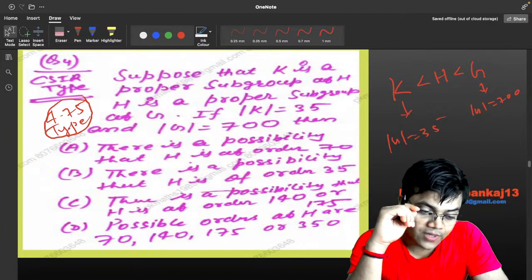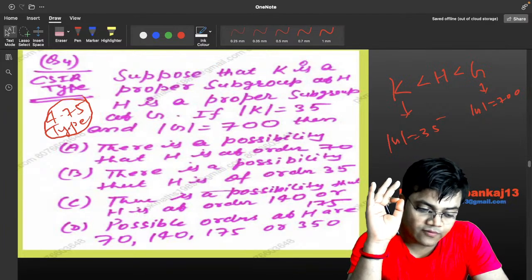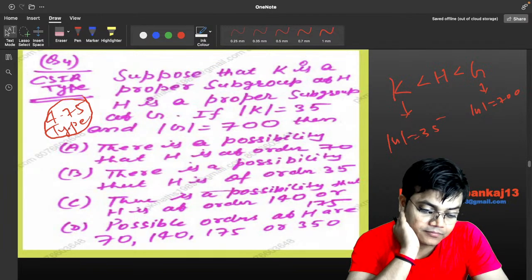Just one or two lines of justification, but it will clear the concept.